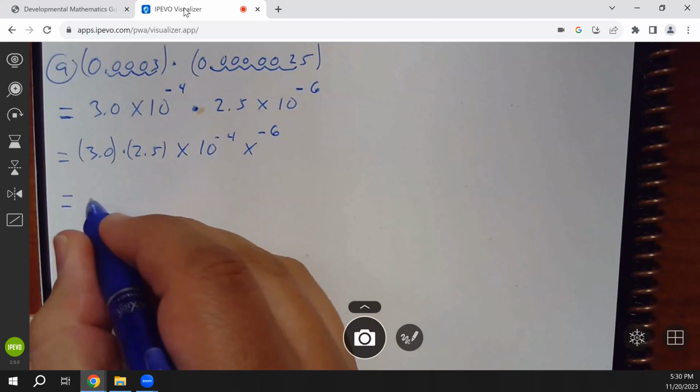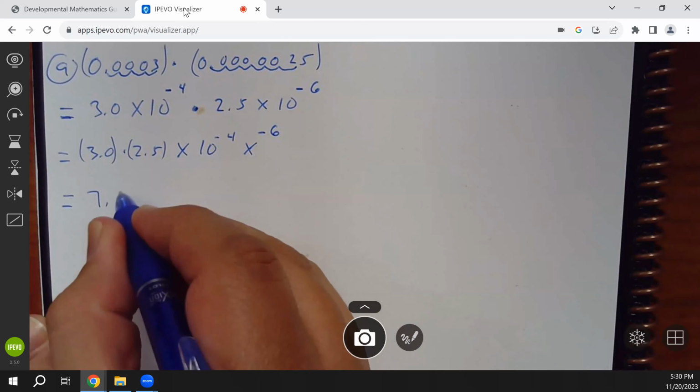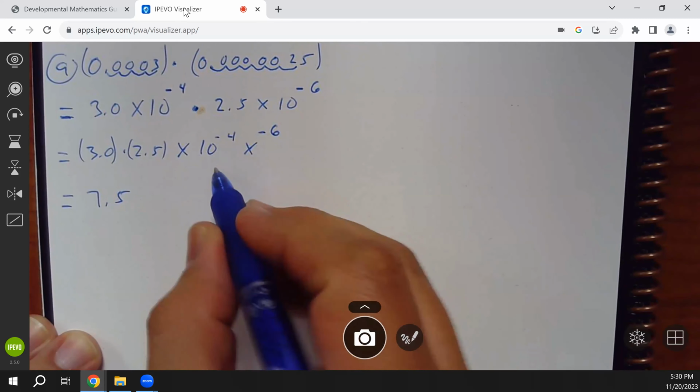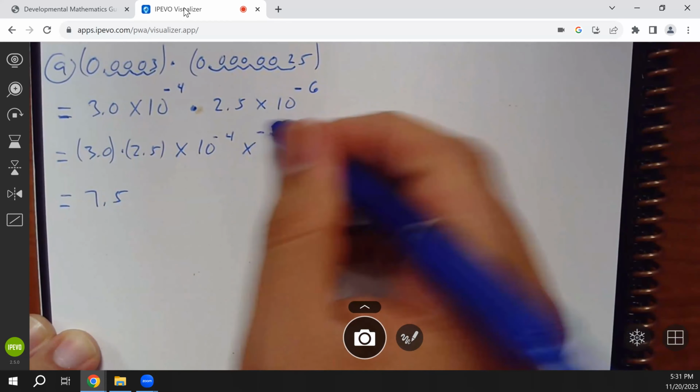So this would be 7.5 times 10 to the -4, oops, forgot my 10 there.